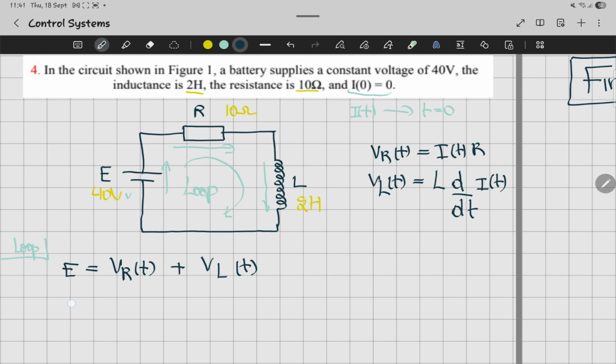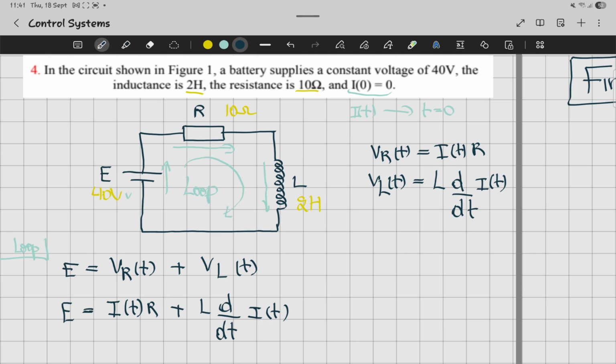So I'll come here and replace the voltage formulas with the current through the resistor and inductor. It's going to be something like this, d/dt i(t). This is what we're going to get here.